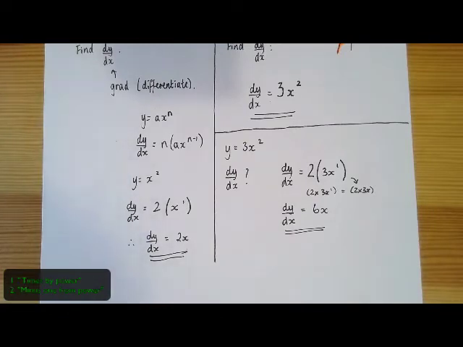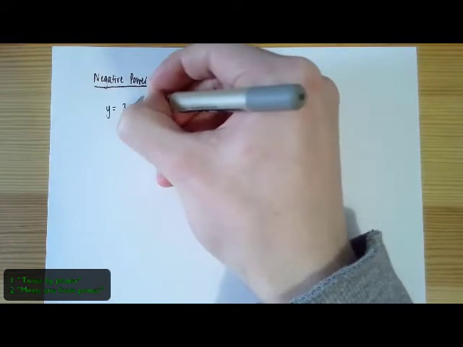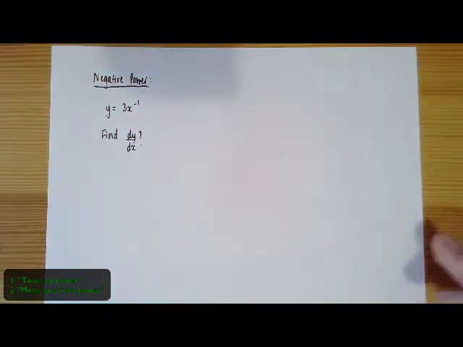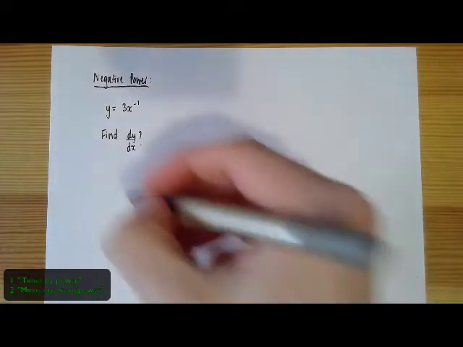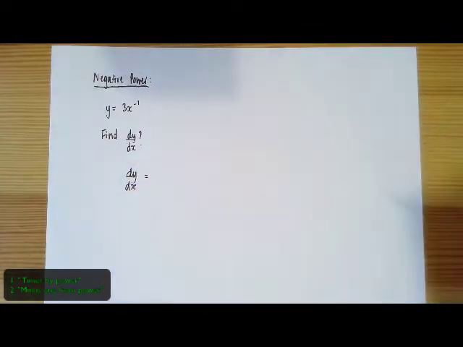Now let's have a look at an example where our power is negative. So now we've been given y equals 3x to the negative 1, and we want to find dy on dx. So first thing, I'm going to write down dy on dx, and I'm just going to think about the rule in my head. We do the exact same thing as we did before.